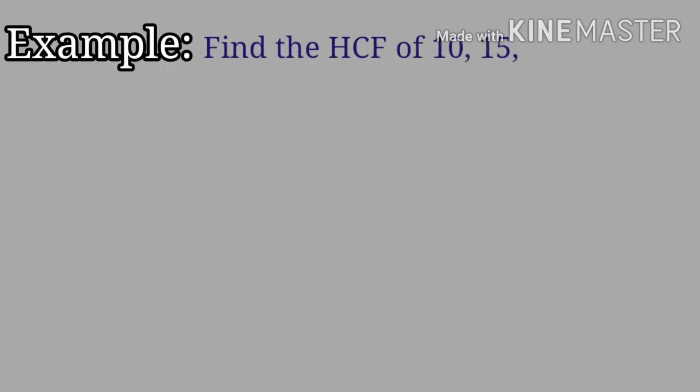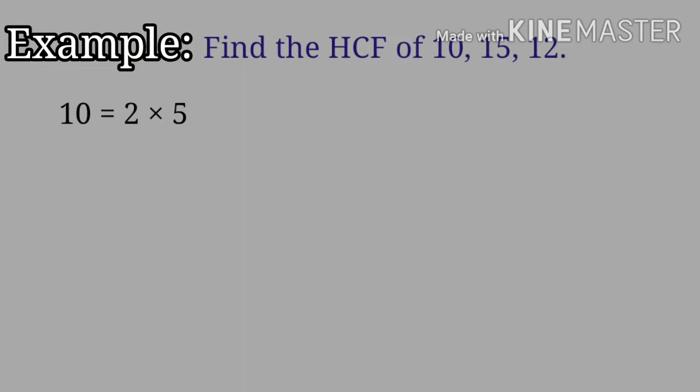See one more example. Find the HCF of 10, 15 and 12. By the factorizing method, we find the prime factors of 10, 15 and 12. First, find the prime factors of 10. 10 equals 2 fives are 10, that is 2 into 5.